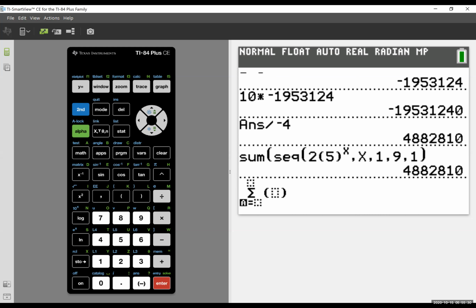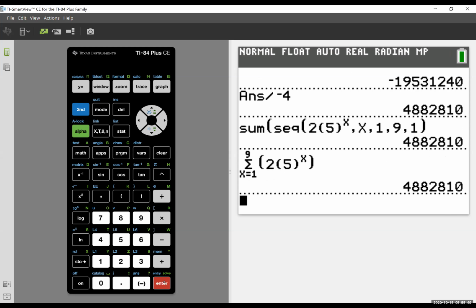And however you'd like to use, x is going from 1 to 9. We enter in our argument 2 times 5 to the x. Press enter. And again, we get our same answer.